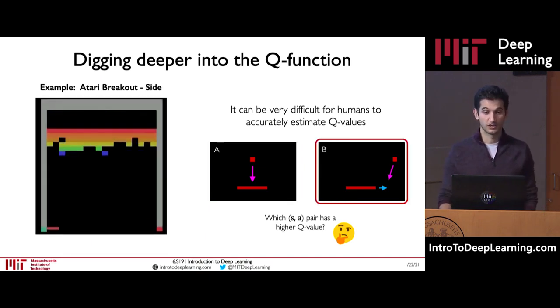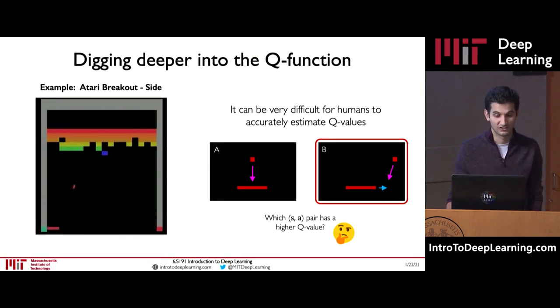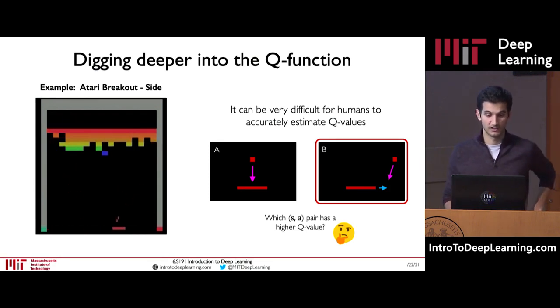Now let's consider strategy B by a different agent, where the agent may even purposely move away from the ball just so it can come back and hit it from an angle. What does this agent look like? So here's an example where you can see the agent is really targeting the edges of the screen. Why?